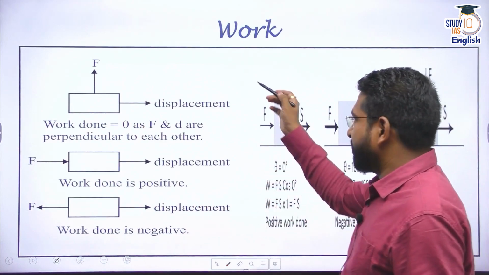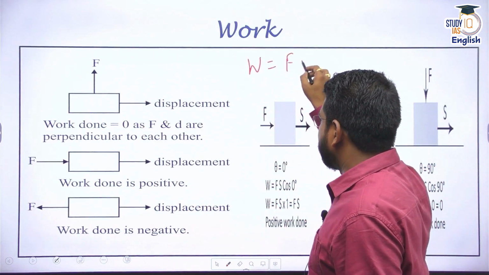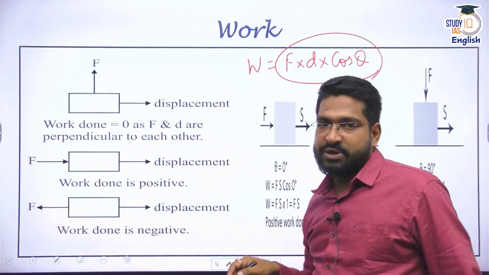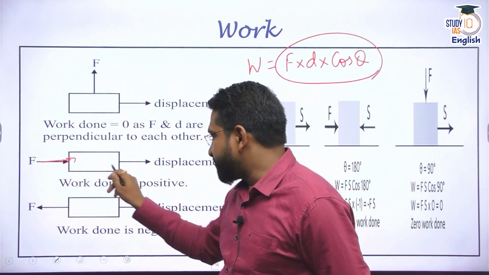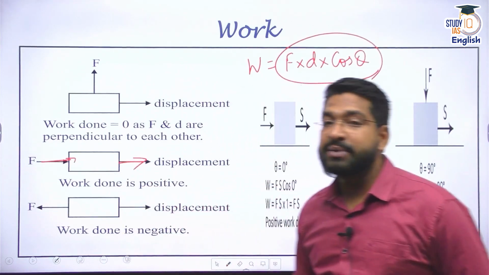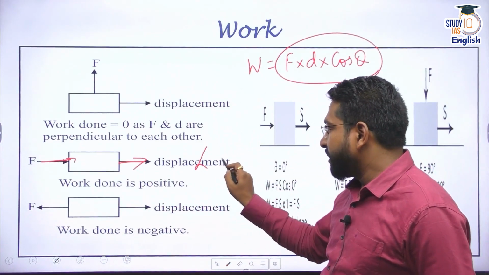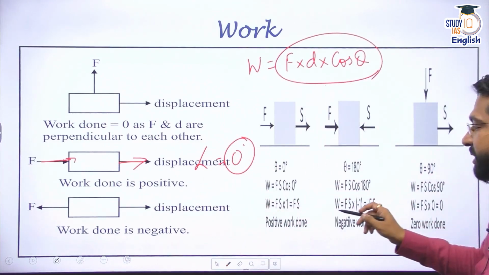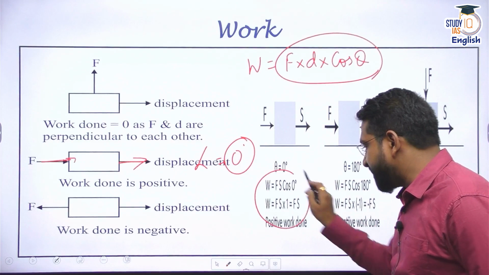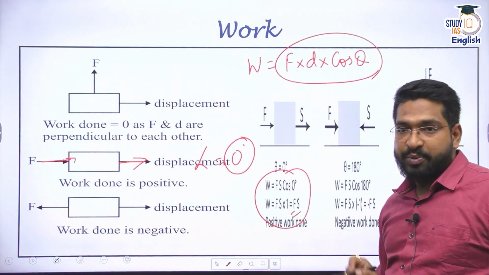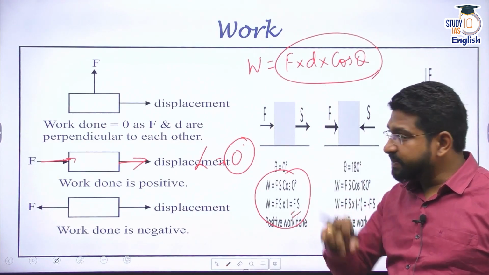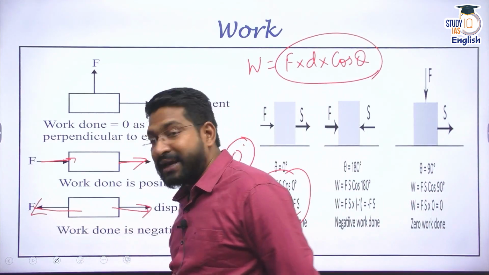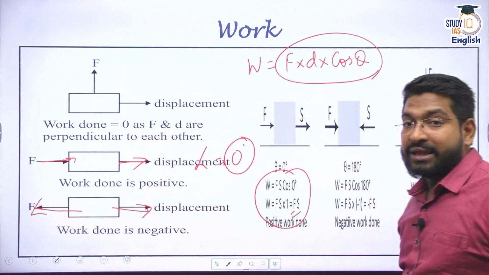As I told you, work done depends on force into displacement into cosine of the angle between force and displacement. So if force and the displacement take place in the same direction, what is the angle between them? The angle is 0 degrees. If the angle is 0 degrees, cos 0 is 1. So it is basically force into displacement, positive work done. Similarly, if force is applied in the opposite direction and displacement takes place in the other direction, then the work done is negative.